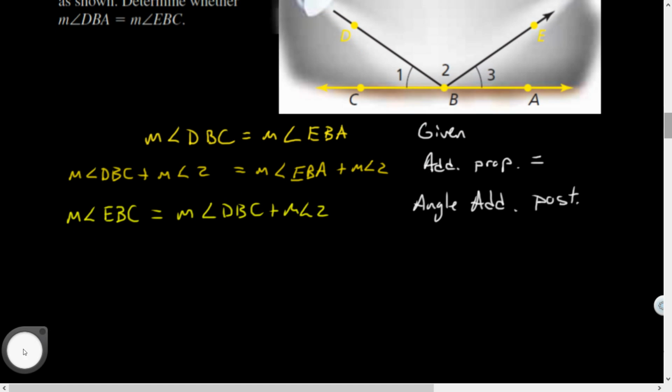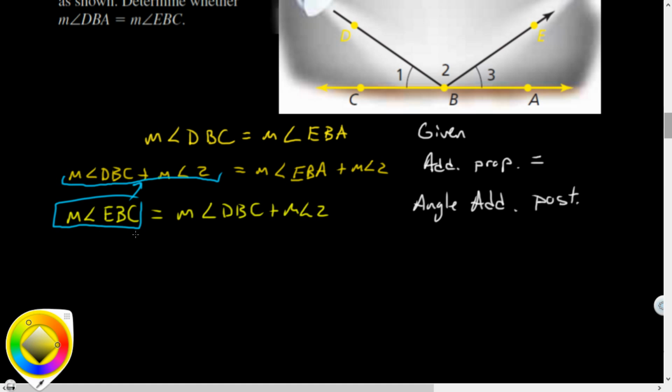And so through substitution, if this is equal to that, now I can substitute their values at any time. I'm going to take this and plug it in for this entire side in just a moment. But let me first do angle addition postulate for this next statement.